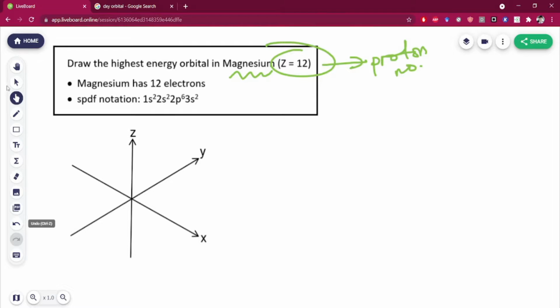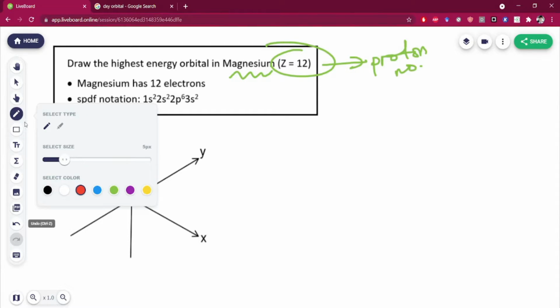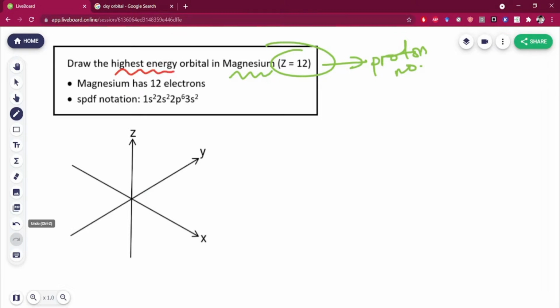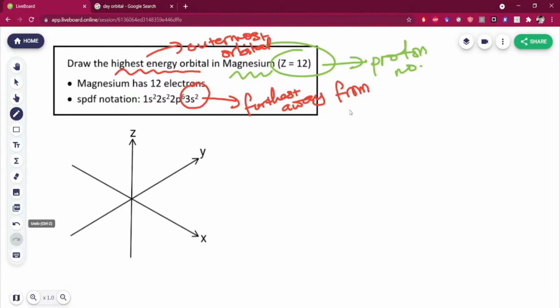So the highest energy orbital will be the outermost orbital, the one that will be further away from the nucleus, which is this. So that one will be the furthest away from the nucleus. It happens to be an s orbital.